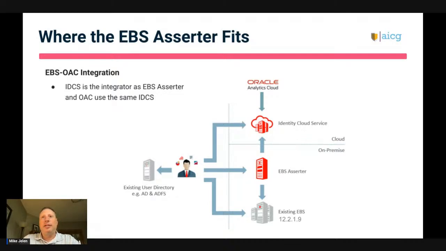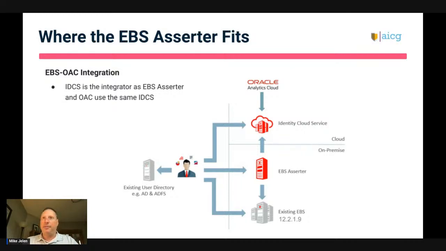Let's integrate EBS into Identity Cloud service so that when somebody logs in, one, IDCS knows who that person is. They know who Mike Jelen is. So they can go and access that on-prem EBS, presuming I'm authorized to go and access that. And likewise with Oracle Analytics Cloud, presuming I'm authorized to access OAC, IDCS is going to naturally hand off and say, I already know who Mike is.